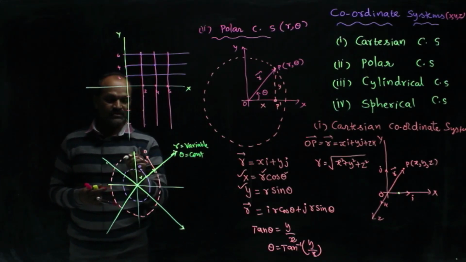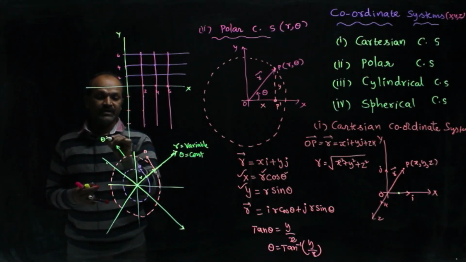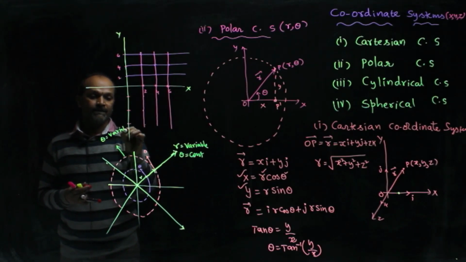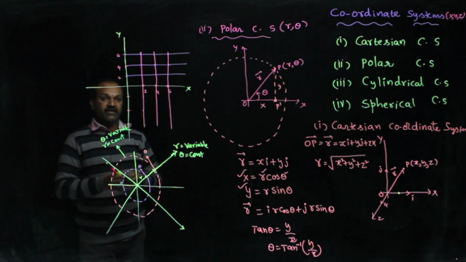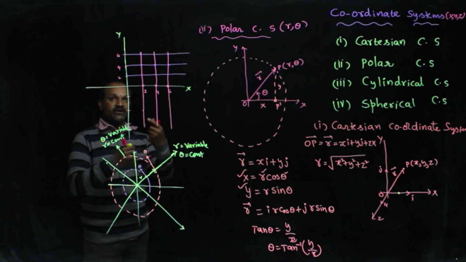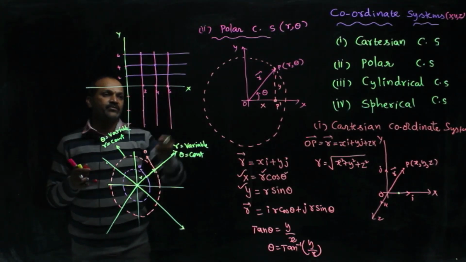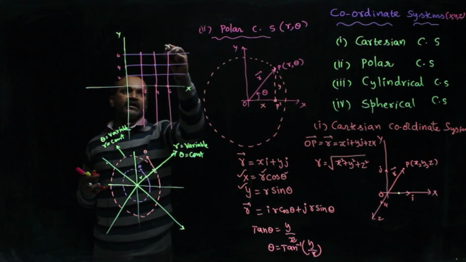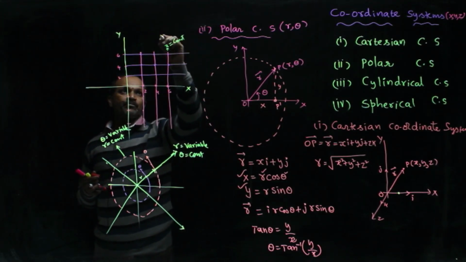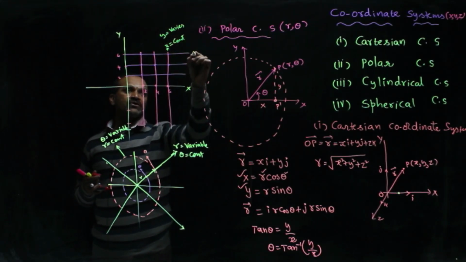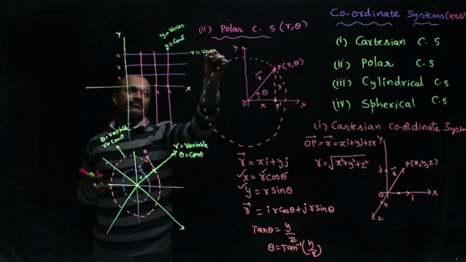When you take these circular dotted lines, here theta is variable and r is constant. In the Cartesian coordinate system, in this plot, when x is constant, y is varied, y is constant, x is varied, and here let me write, these vertical lines are x constant, y varies. Okay, these horizontal lines are x varies, y is constant.